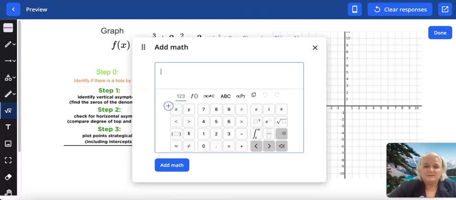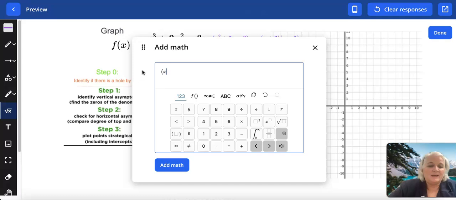And 12 is 3 times 4, and 3 plus 4 is positive 7.